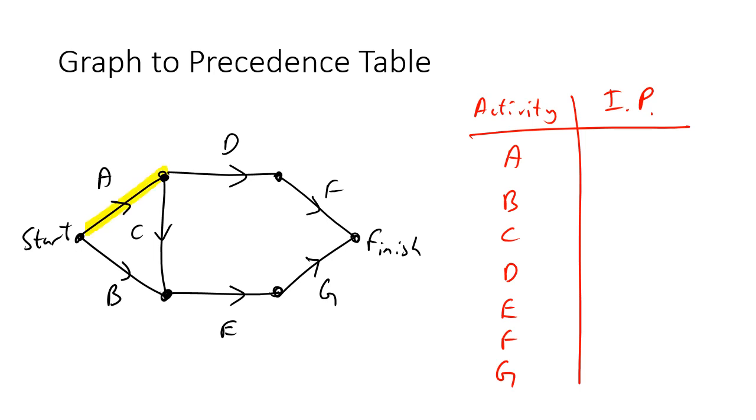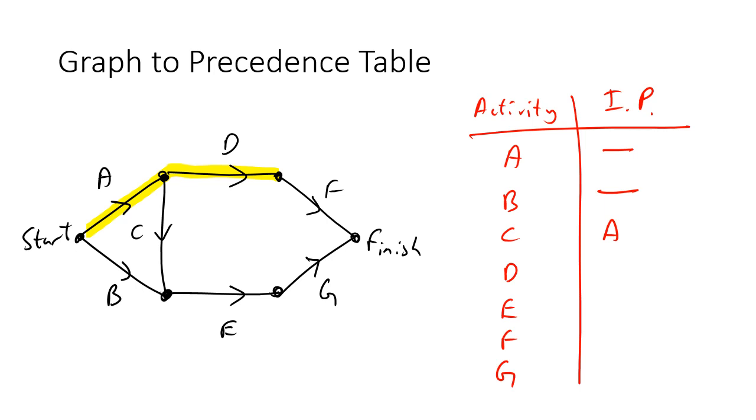A and B have no immediate predecessors. That's pretty straightforward. Let's have a look at C. Going backwards on the arrow goes back to A. That's it. So C only has A. D going backwards on the arrow goes back to A. We can't go down C because that's going forwards. That's wrong.